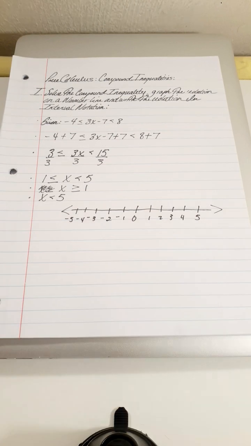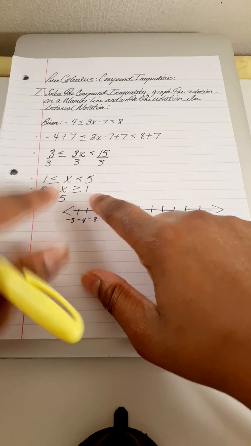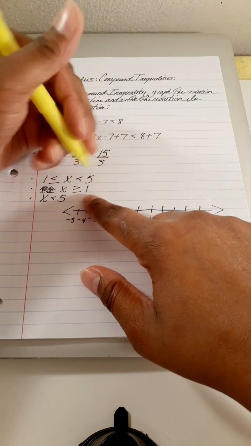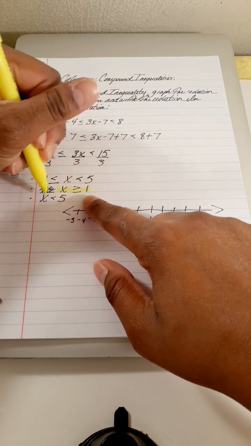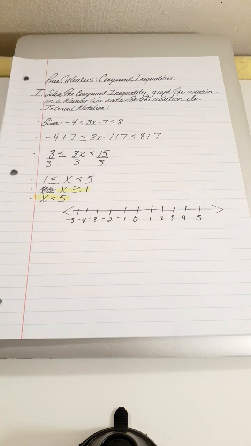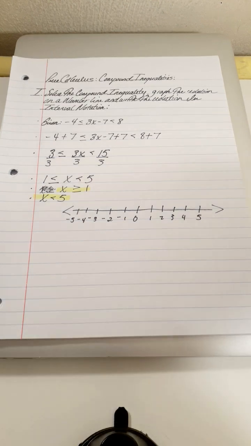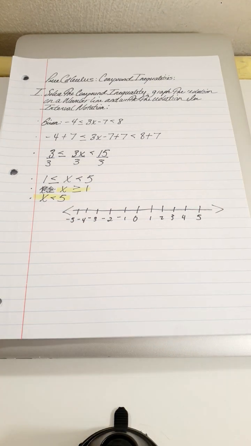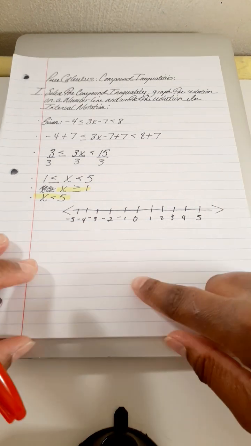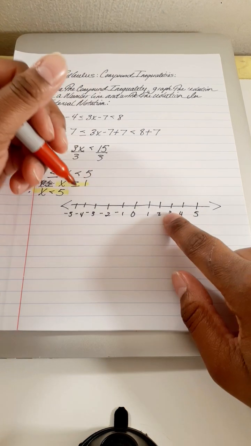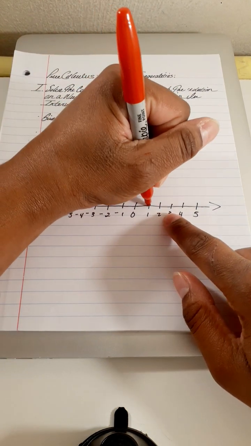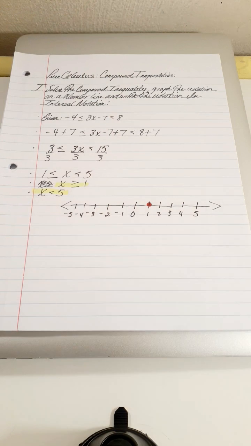Now this double inequality, if we read it from left to right, tells me that x is going to be greater than or equal to 1, and x is going to be less than 5. So if I put that on a number line, and I'll use red, I'm going to have a closed circle at 1. So I have a closed circle here, or a closed dot, if you want to say.